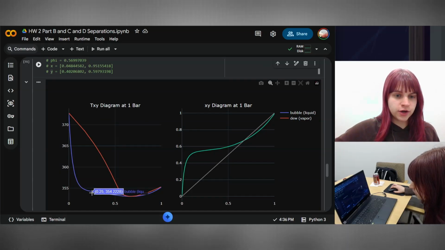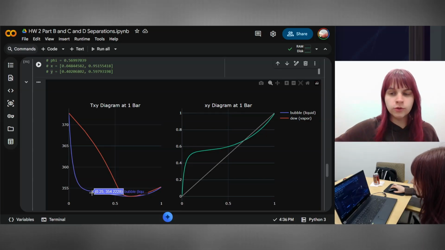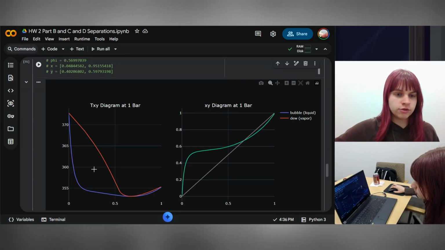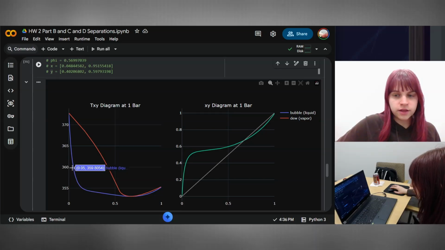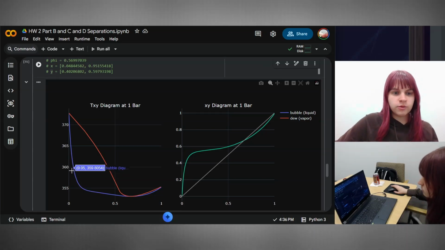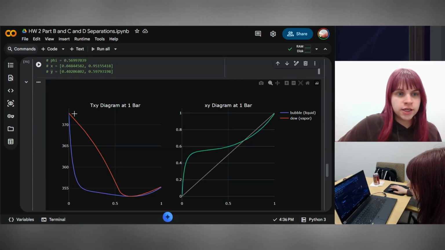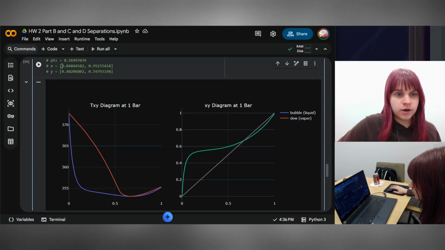At 0.25 feed for isopropanol and 360 Kelvin, you can easily tell that we are within the two-phase region, so we'll have some liquid and vapor. Obviously this is not exact, but if we look here and go sideways at about 360 Kelvin, it's telling us that our liquid composition of isopropanol is about 0.05, and as you can see from our calculation, that is true, so that checks out.